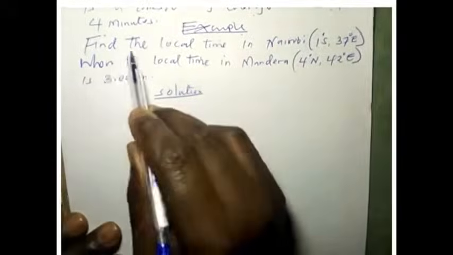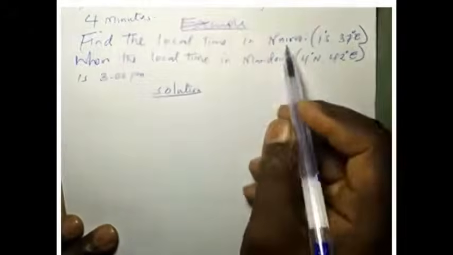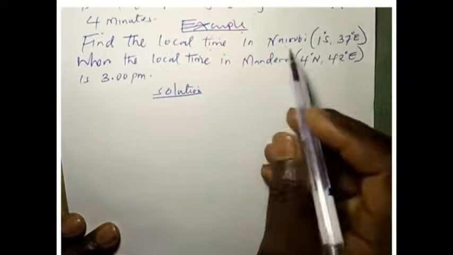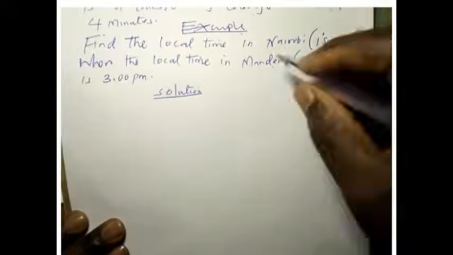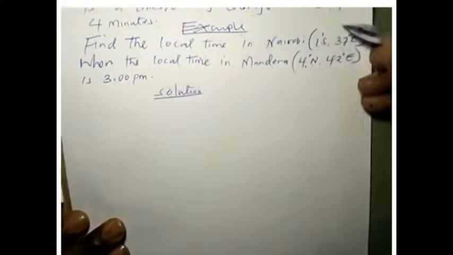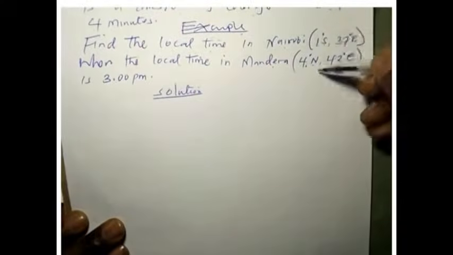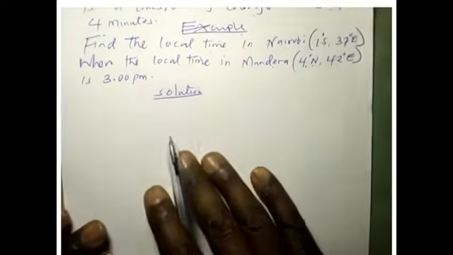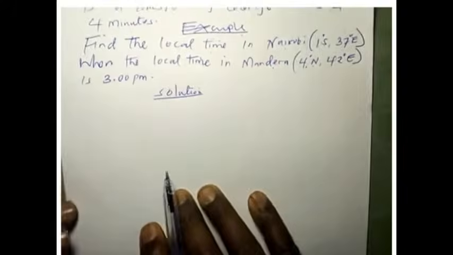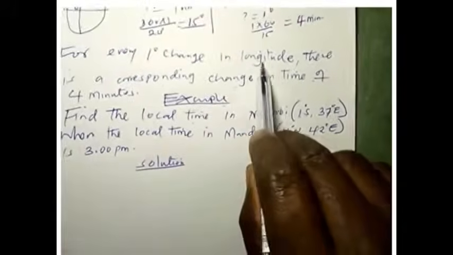For example, find the local time in Nairobi, 1 degree south, 37 east, when the local time in Mandera is given. Remember, for time, we are considering only the longitude, so we don't care about the latitude. We are interested in the change in longitude, not latitude.